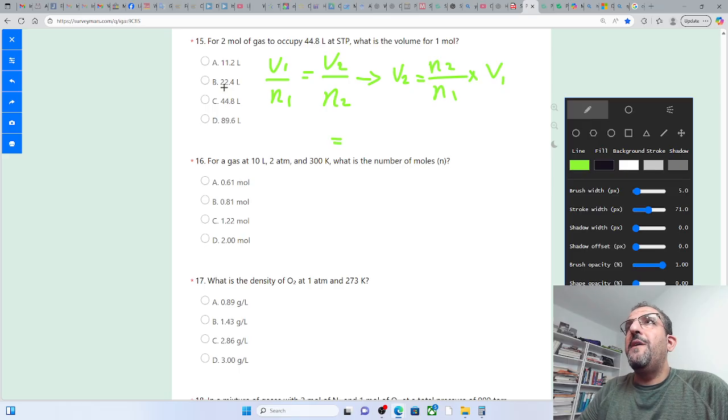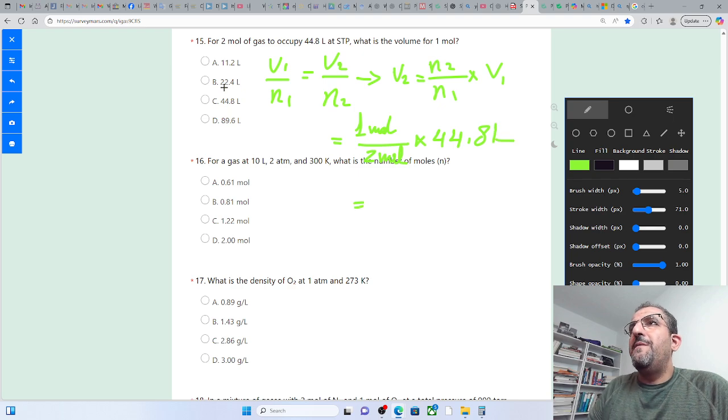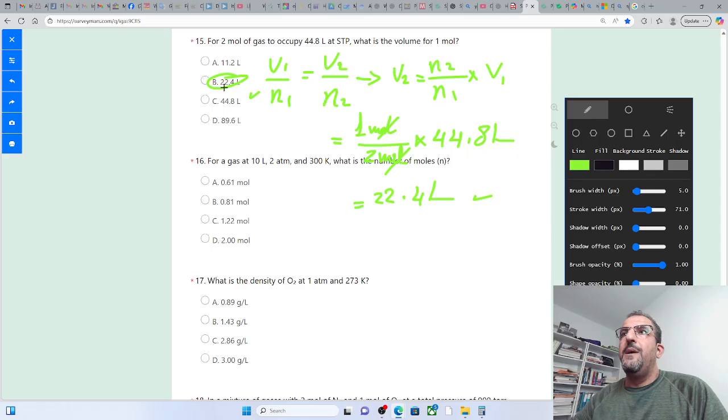That's N2, which is 1 mole, divided by the original number of moles, which is 2 mole, multiplied by V1, which is the original volume. So we have 44.8 liters, and when we divide this by 2, that's going to give me 22.4 liters. Okay, so 22.4 liters, and that's the right answer.